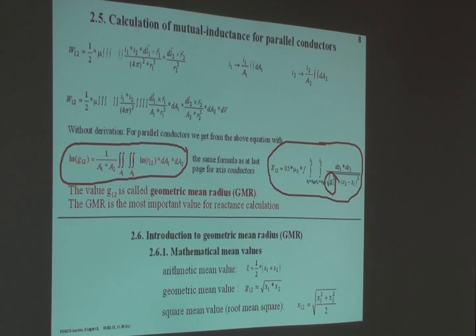Xn... X1 is 10, X2 is 20, X3 is... that's now an example. What is G? Arithmetic or geometric? Geometric. We will not talk about arithmetic.